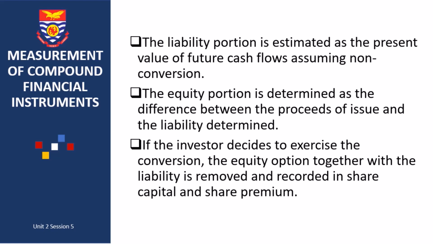Now the liability portion is estimated as the present value of future cash flows, assuming non-conversion. So if there are future cash flows, we have to discount them to present value. The equity portion is determined as the difference between the proceeds of issue and the liability determined. So we look at the total proceeds, we take out the liability, and what is left is the equity portion.